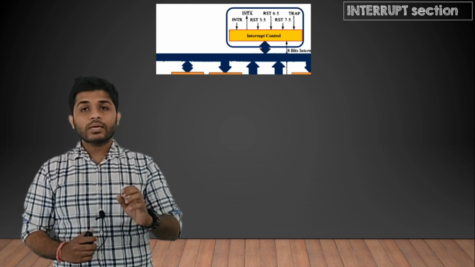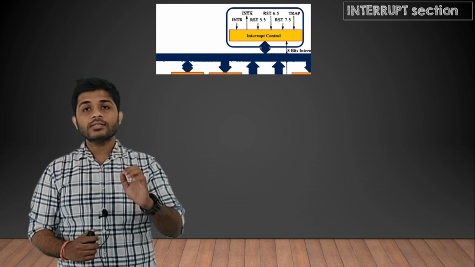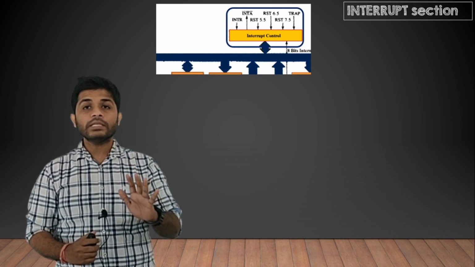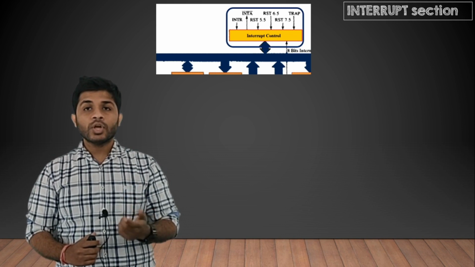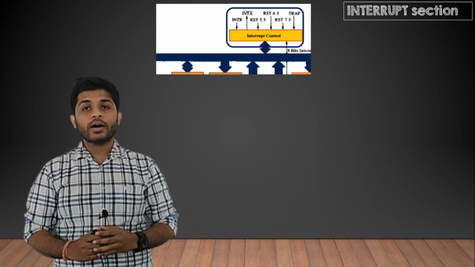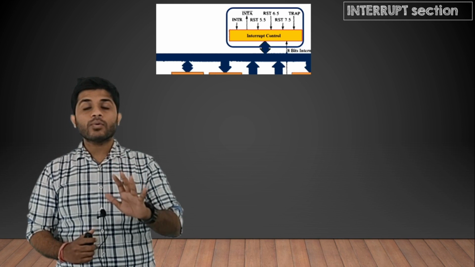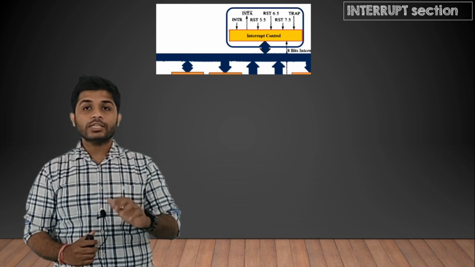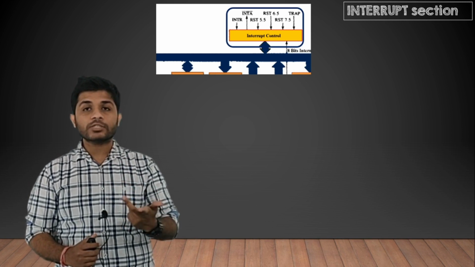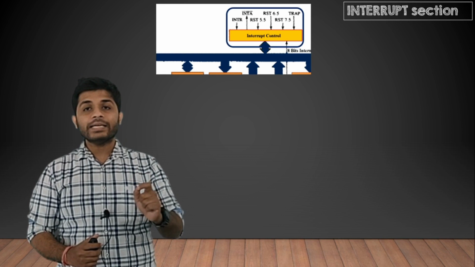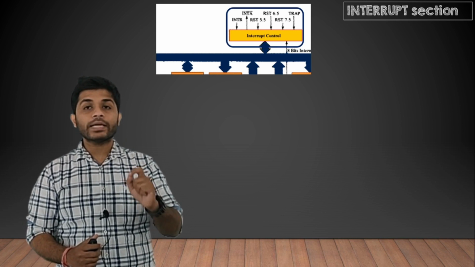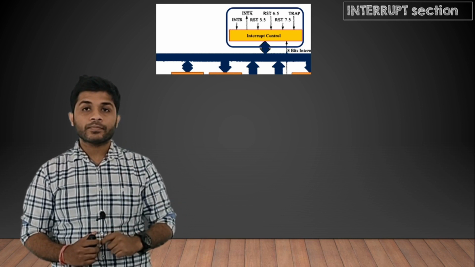You can notice that from these 6 pins, 5 pins are input and 1 pin is output. So in the microprocessor 8085 there are 5 hardware interrupts: TRAP, RST 5.5, 6.5, 7.5 and INTR. The last pin, INTA bar, is for interrupt acknowledgement.